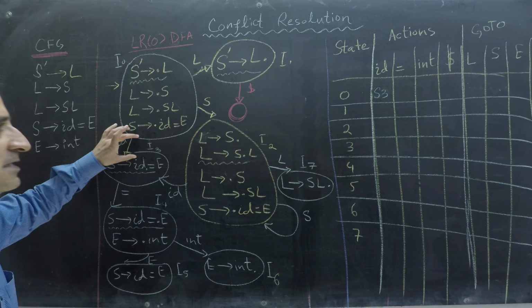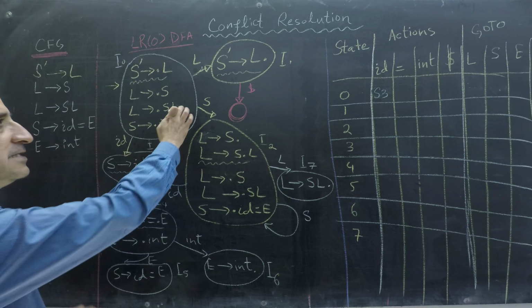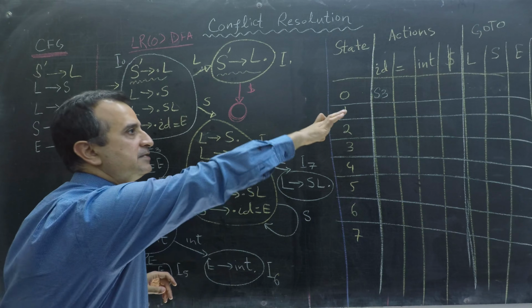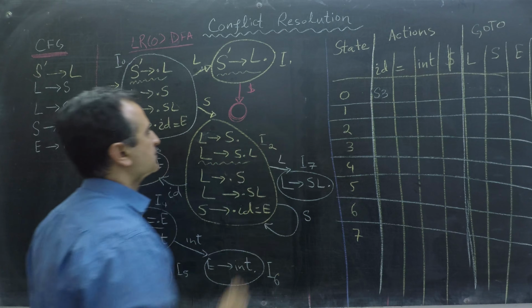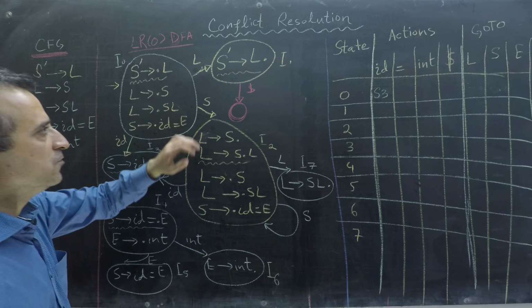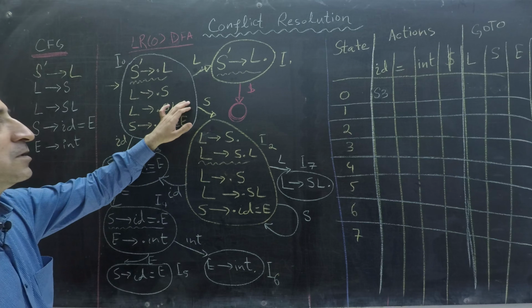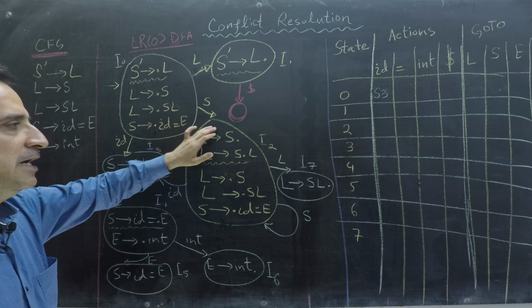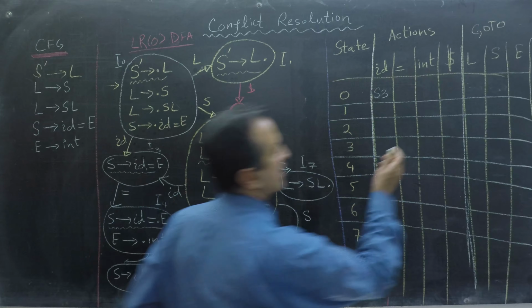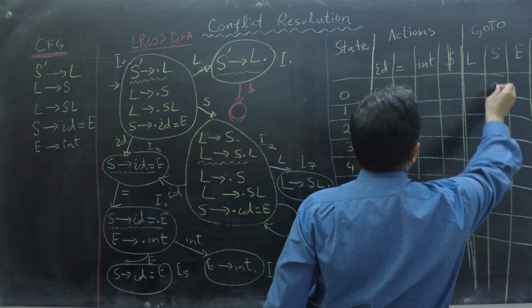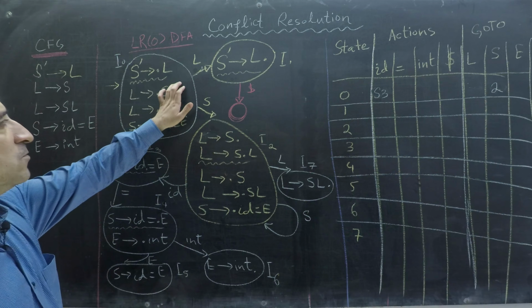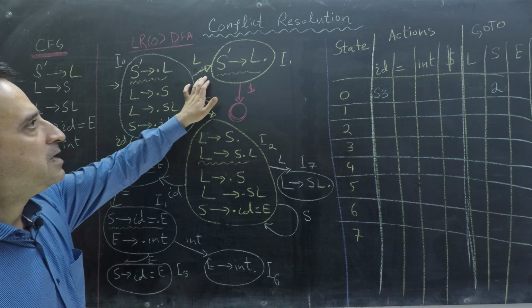So I'm done with this link, and this state has 3 links. Therefore, this state will have 3 entries in this row. The second entry will be that from state 0 on grammar symbol S, I go to state 2. So I will write here 2, and then from 0 on L, I go to 1.